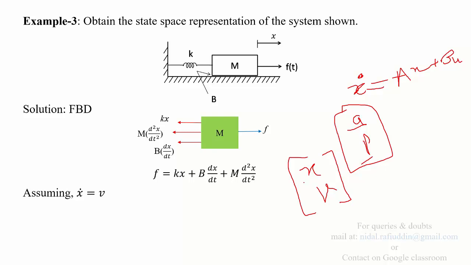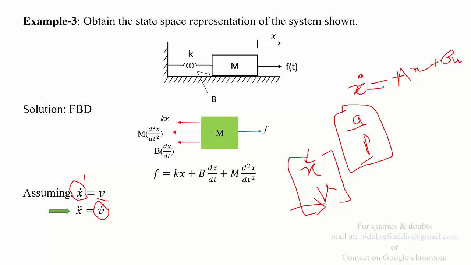So we assume the first state variable as x, and the second state variable as v equal to x dot. The state changes are then x dot, which comes out equal to v, and v dot, which comes out equal to x double dot. So this should have been written in reversed form, but nevertheless. Since we assume x and v as state variables, x dot and v dot are the state changes.